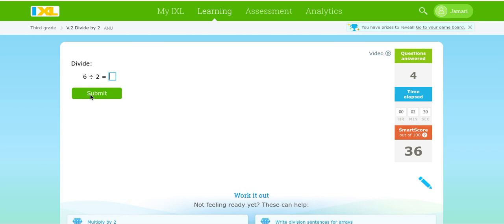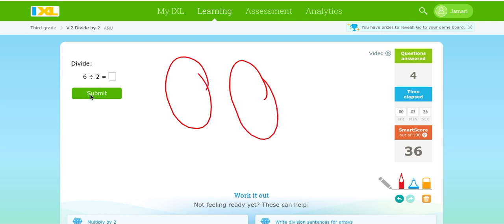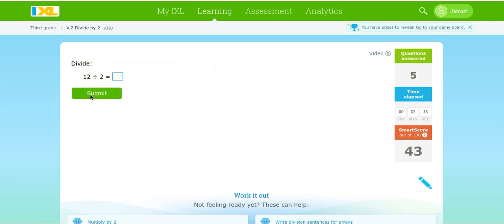Divided by 2. 1, 2, 3, 4, 5, 6. You got 3 in each of those 2 groups. So 6 divided by 2 is 3. 6 divided by 3 equals 2 as well. No matter if you change up the division problem, it'll always stay the same sometimes.